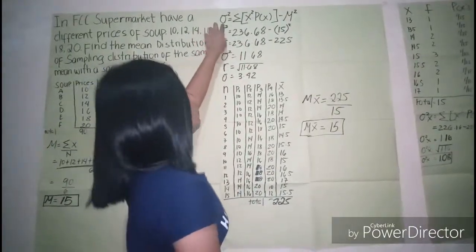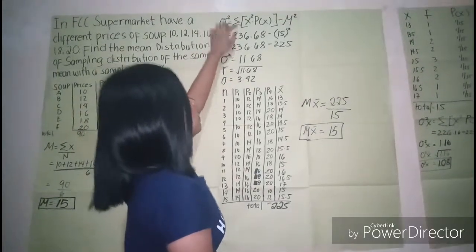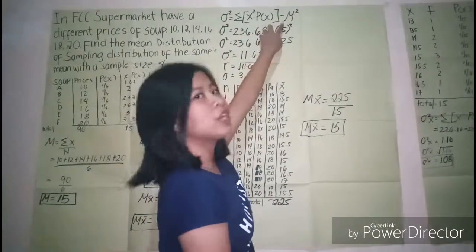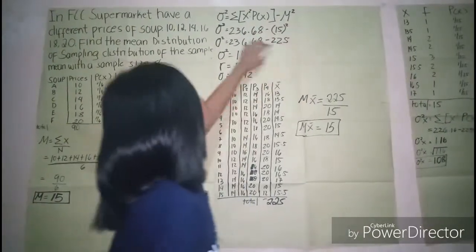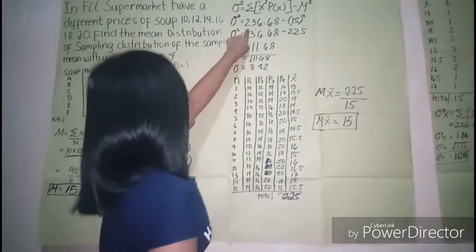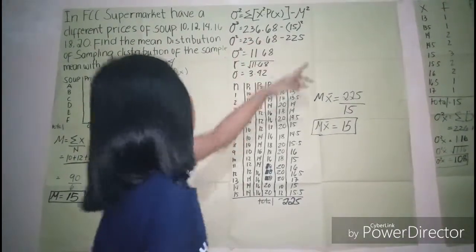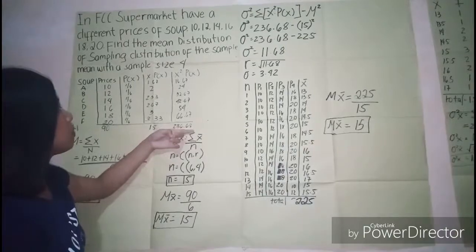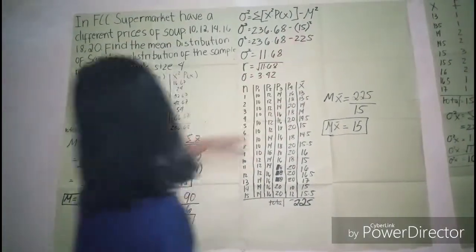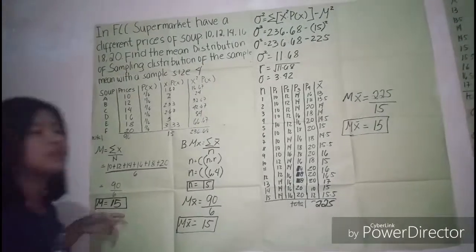The variance population is equals to summation bracket x squared and p of x bracket minus mean squared. Variance population is equals to 236.68. Nakuha natin dito. Then, yung 50 is nakuha natin dun sa mean natin.